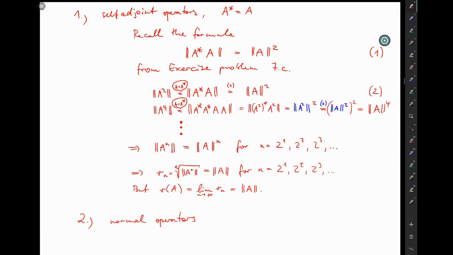It means the same for operators. It just means that A and A star commute. So it doesn't matter whether you multiply them in this or in that order, you get the same. Okay, well, obviously that is a generalization of example number 1, because if you're self-adjoint, then obviously this equality is true.